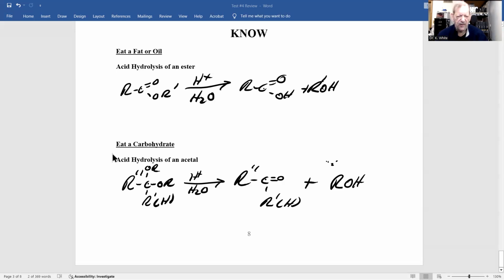All right, the second reaction you should know, leaving my class, is when you eat a carbohydrate. What's the functional group that holds glucose together in a carbohydrate? An acetal. In your stomach, acid and water, so that's acid hydrolysis of an acetal. And here we have an acetal or ketal, acid and water, and you get back to ketone or aldehyde plus the alcohol you would have used to make that.